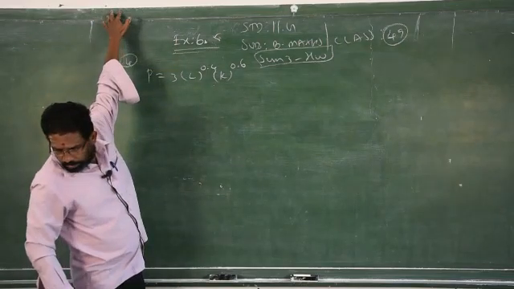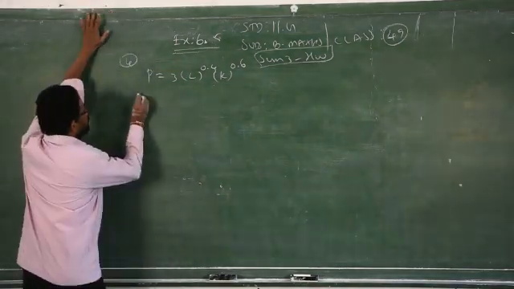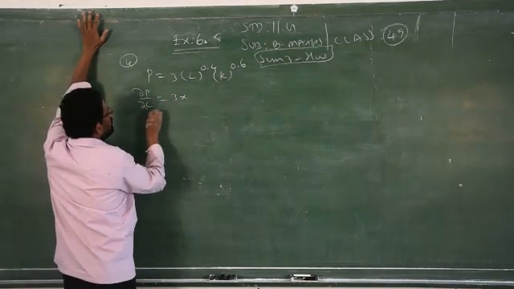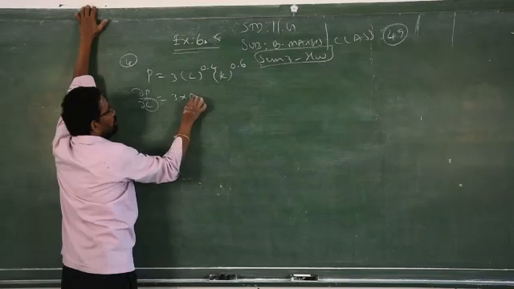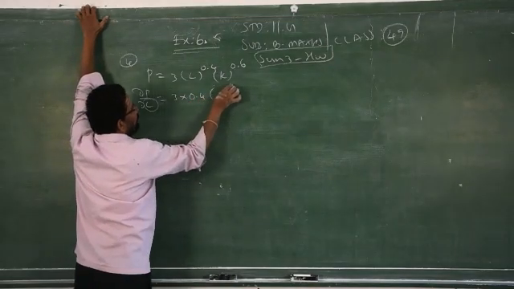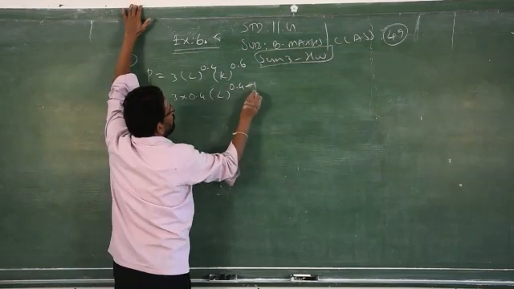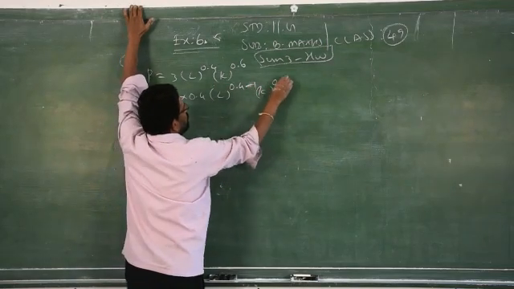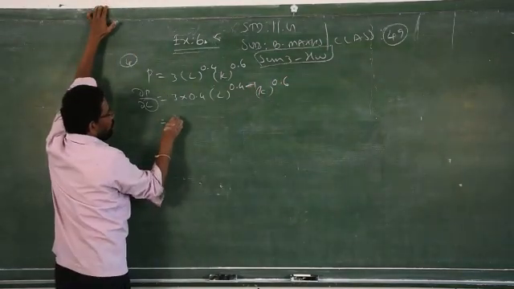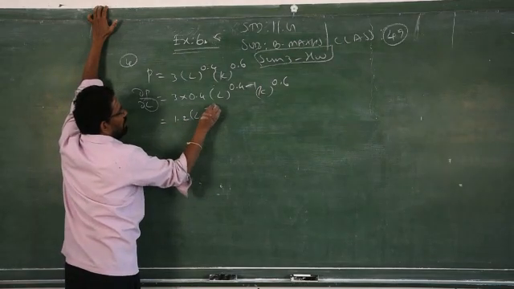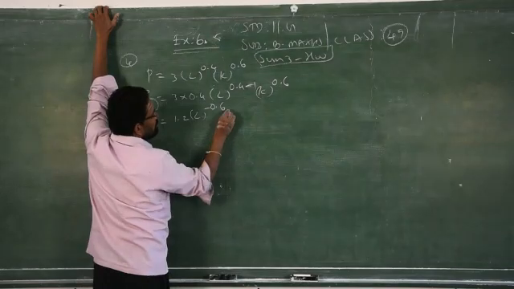Now find the marginal productivities, that is dou P by dou L. 3 into differentiate with respect to L, the power of L is 0.4. So L power 0.4 minus 1. Then keep the K term as it is, 0.6. That is 1.2 L power minus 0.6 K power 0.6.